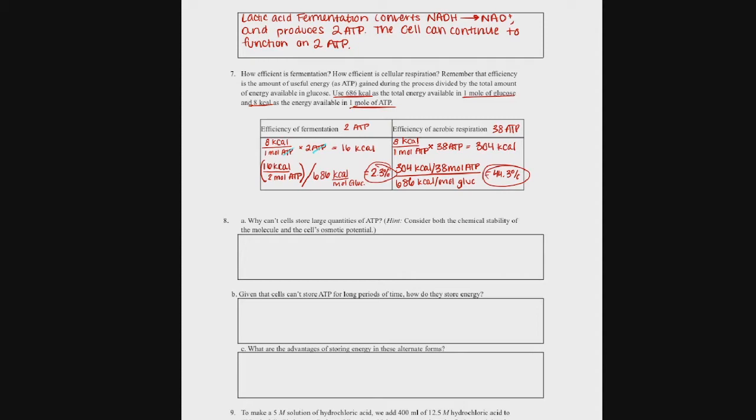If that was the case, then the osmotic potential would want to rush into the cell, and it could cause the cell to burst, and so there wouldn't really be use for that. So those are a couple reasons why the cell can't produce high amounts of ATP. So would change osmotic potential.